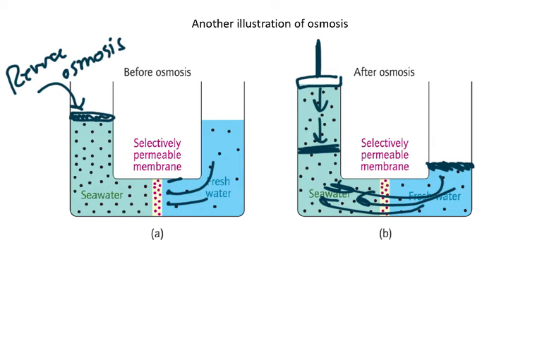If you pushed even more, we could push some of the seawater into the fresh water and actually increase the concentration. Obviously that requires energy to do, and naturally it would flow from fresh water to salt water, but we can stop it with osmotic pressure and actually have reverse osmosis.